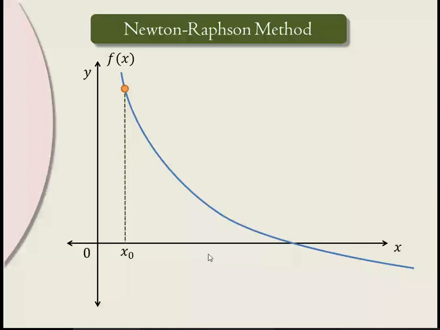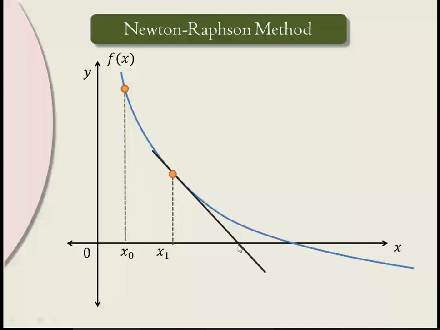So draw the tangent, and wherever that tangent intersects the x-axis, at that point we get x1, the new iteration. Then again at that point, take f of x1, find the value of f at this point, and draw the tangent at that point. Wherever it intersects, we get a new iteration, x2.